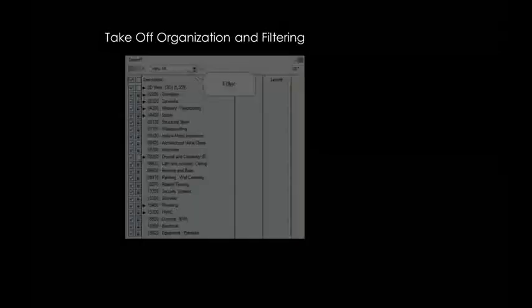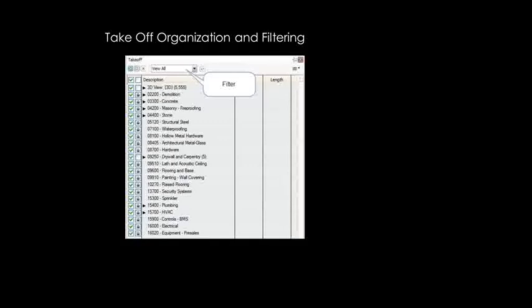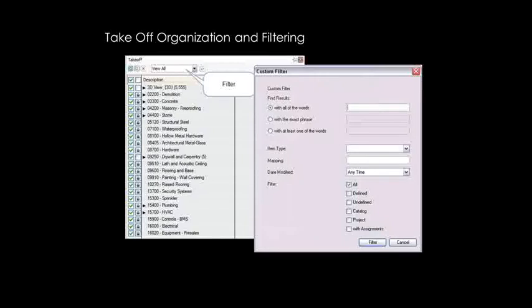Now, takeoff organization and filtering, I think that's where it gets really interesting. When you have a lot of content, when it comes to developing a database, that database is going to be listed based on whatever organizational discipline or guideline that you use, whether CSI or the work breakdown system or whatever. You can filter, so you don't have to list everything and browse through all the different numbering sequences.